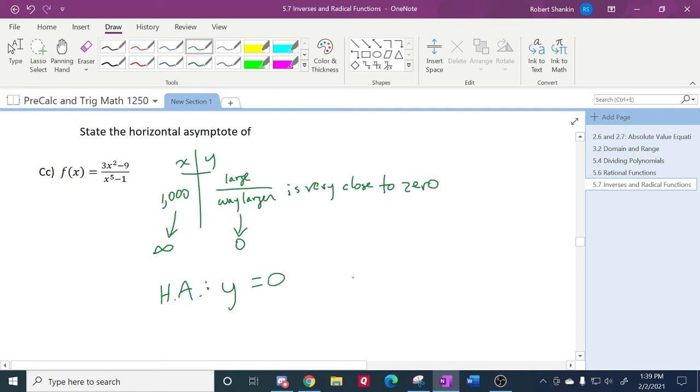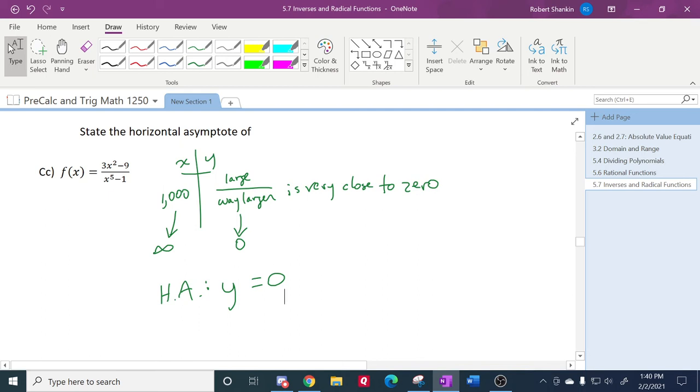Is there a pattern with these? Like if it's subtracting in the denominator, does it typically go towards 0? Good question, Jordan. Does it have to do with the subtraction sign in the denominator? Or what's the big characteristic? If we were stepping back a little and trying to understand this, what lets us know that this had a horizontal asymptote of 0?